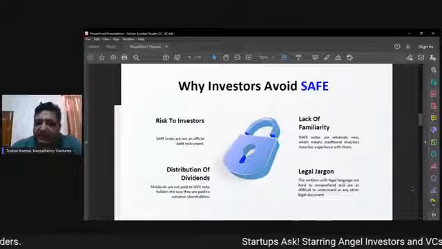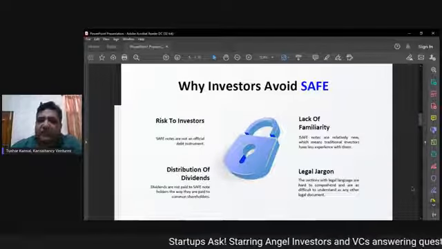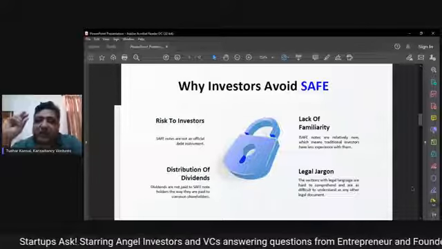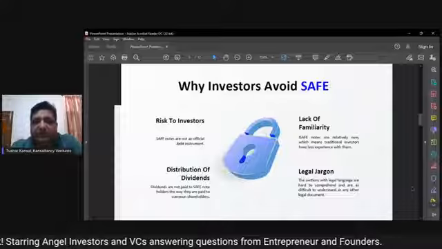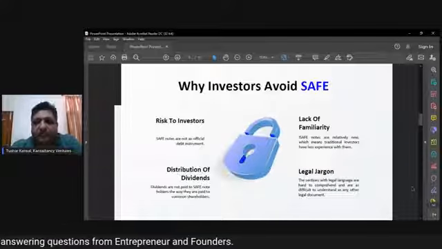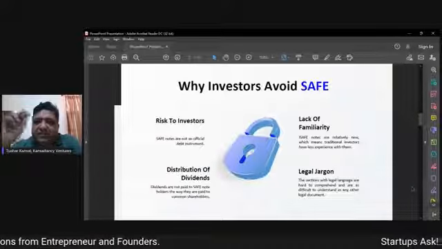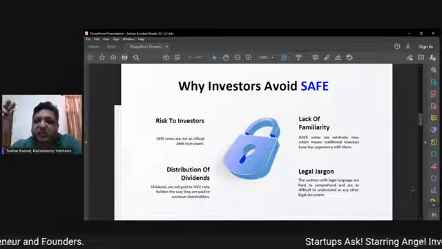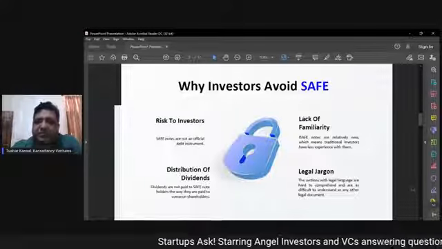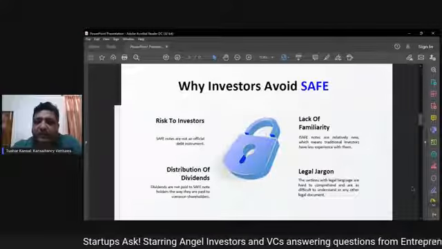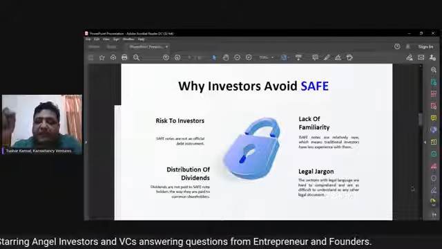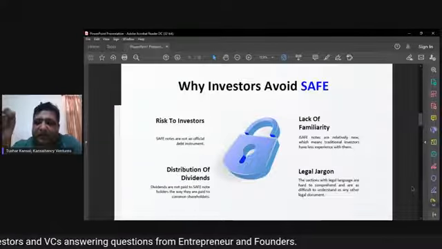But the negative points of SAFE: they are not an official debt instrument. So you can return the safe holders' money back as a loan also, but that document is not an official debt instrument document, although the conditions of the nature of the debt side are also written, and it's relatively new, so there is a lack of familiarity.